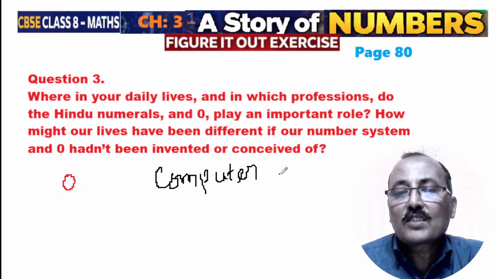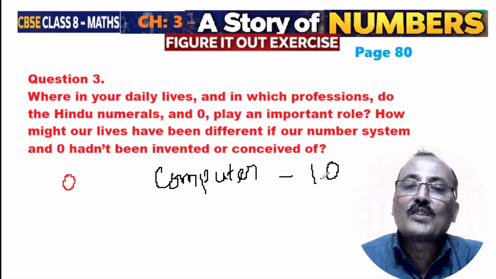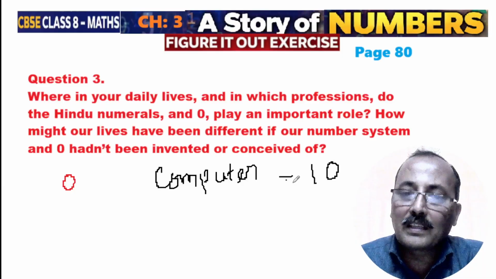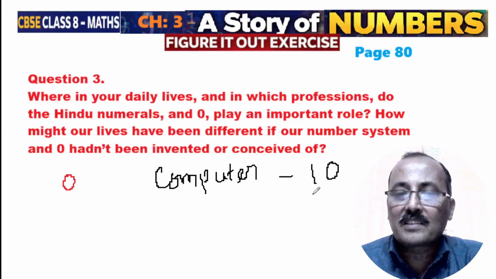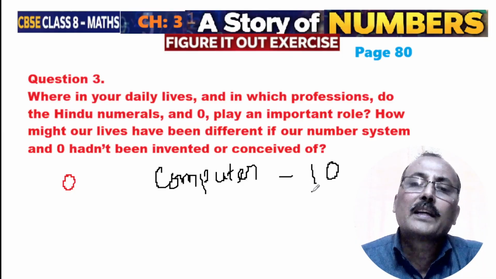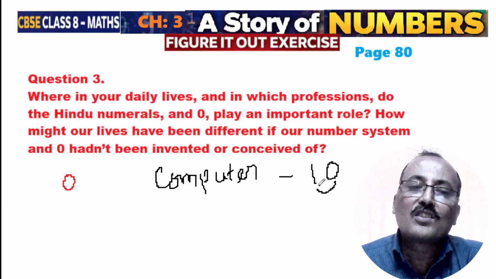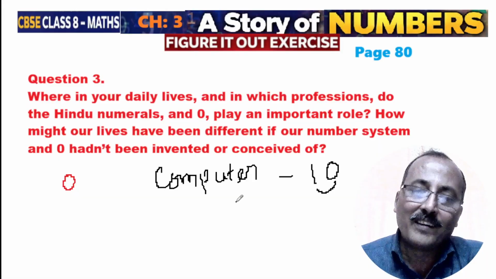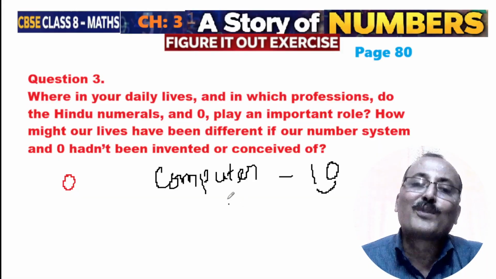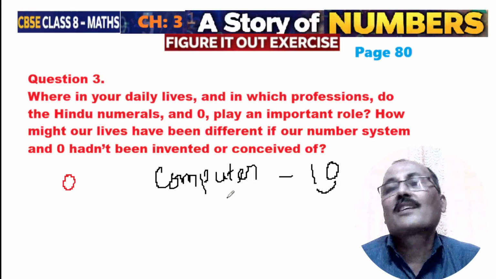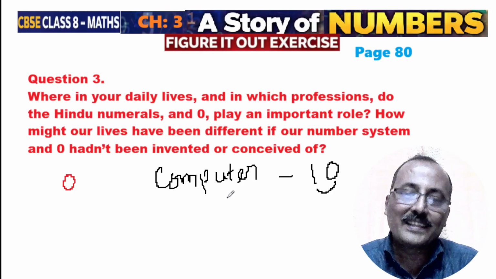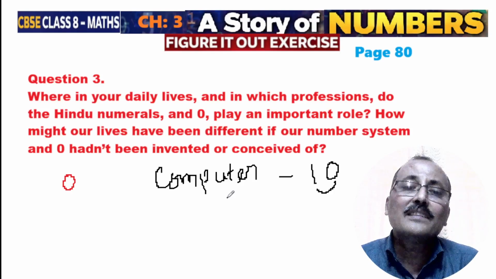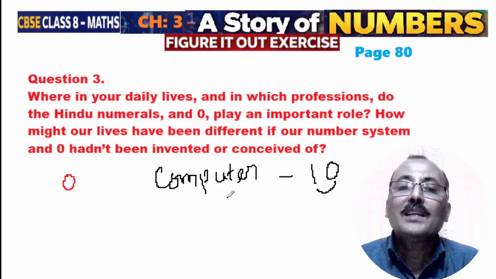Because the computer works only with the binary numbers 0 and 1. It converts all the numbers, digits, video, everything into binary 1 and 0, and only then executes. Without that, our computers, mobile phones, anything we wouldn't have thought of, no use. We would still be counting the cows with the help of sticks.